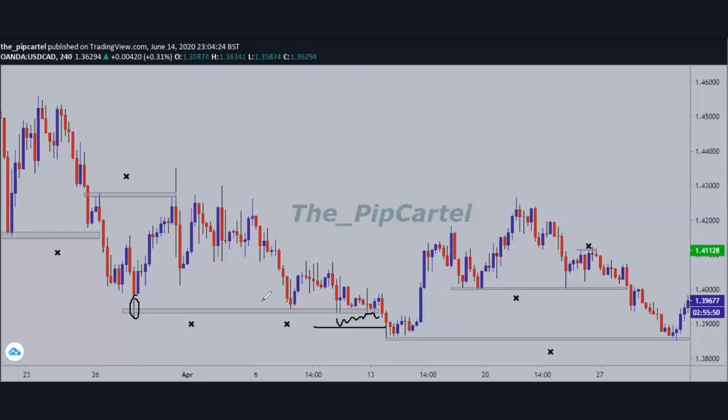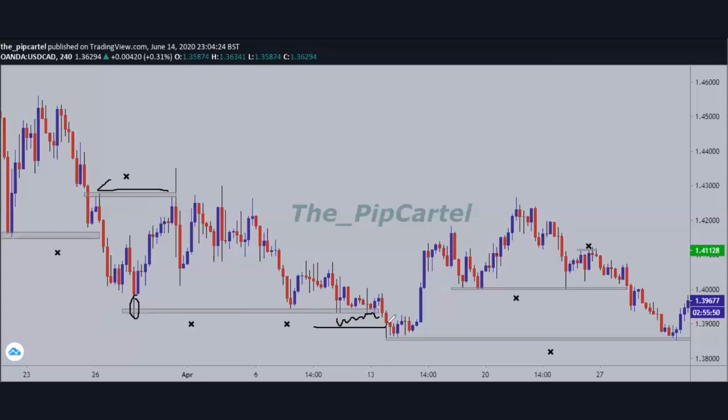If you're buying, you're going to be placing your stops just below the support level, right? Just below equal lows, right? And if you're selling, you're going to be placing your stops above, just like this right here. You can see price came, took out the stops and went all the way down.